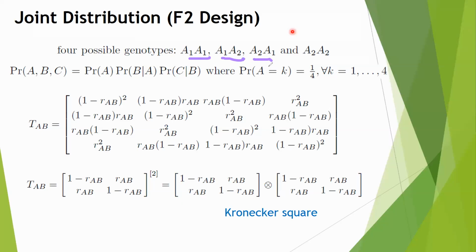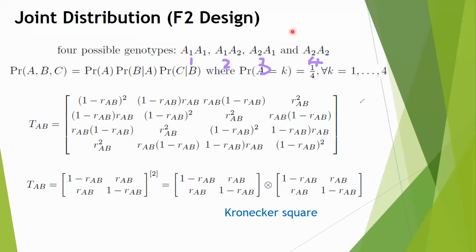If you do not know which allele is from which parent, you cannot distinguish these two genotypes. But suppose we can successfully distinguish these 2 from each other, then we have 4 states.